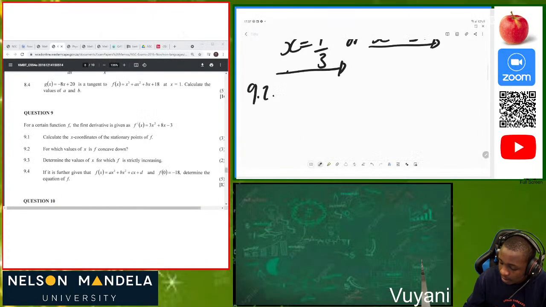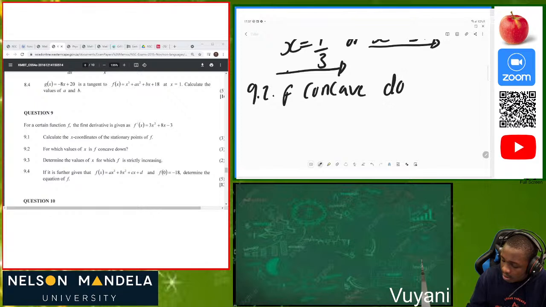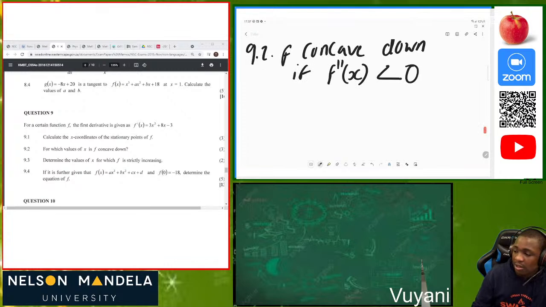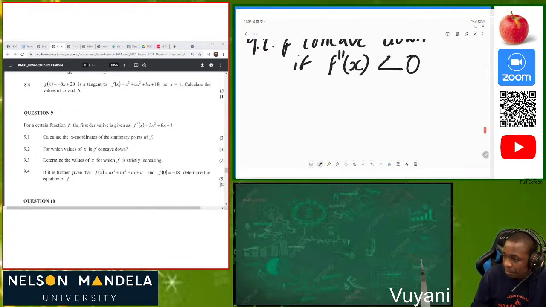F is concave down if f double prime of x, the second derivative of f of x, is less than 0. That's when it can be concave down.